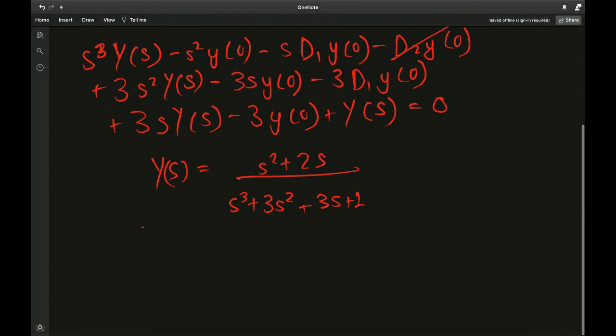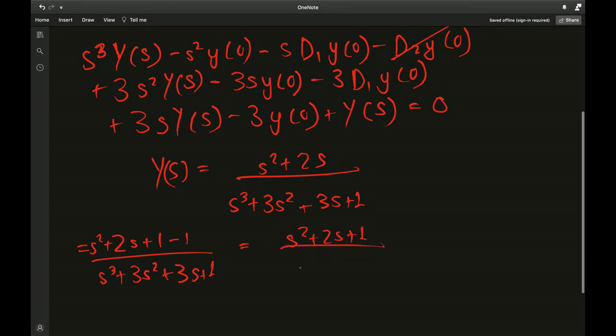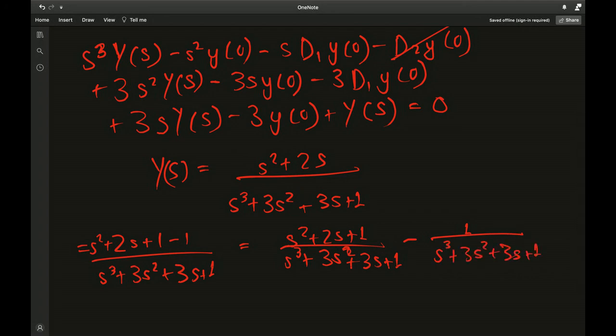Now I would like to add and subtract 1 in the numerator. I have s squared plus 2s plus 1 minus 1 divided by s cubed plus 3s squared plus 3s plus 1. We can split this up as s squared plus 2s plus 1 over s cubed plus 3s squared plus 3s plus 1, minus 1 over s cubed plus 3s squared plus 3s plus 1.